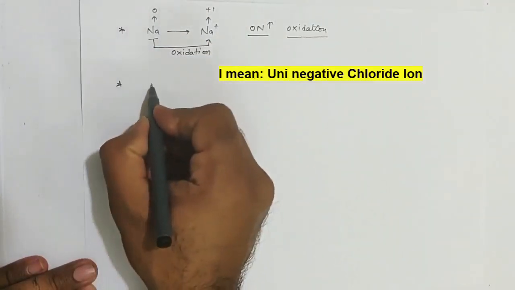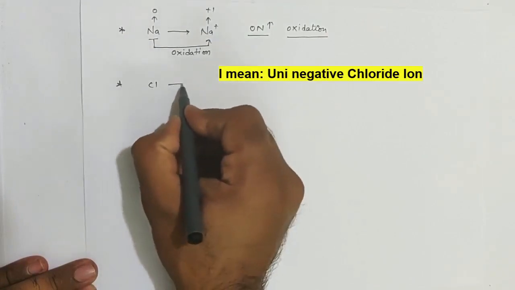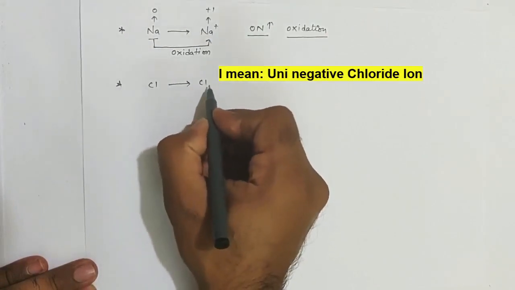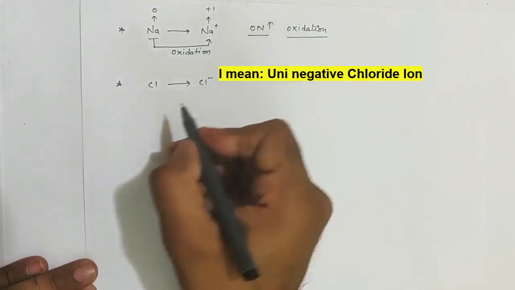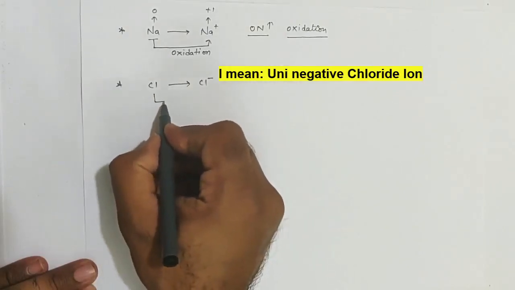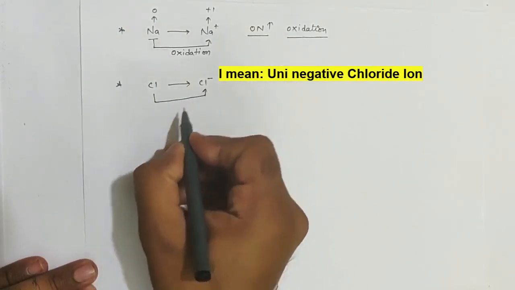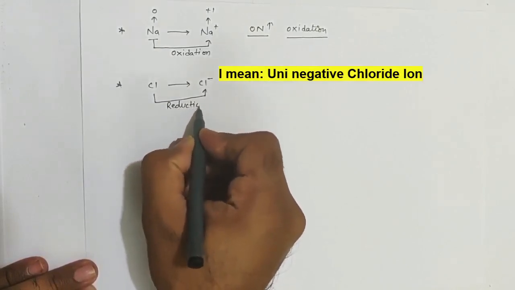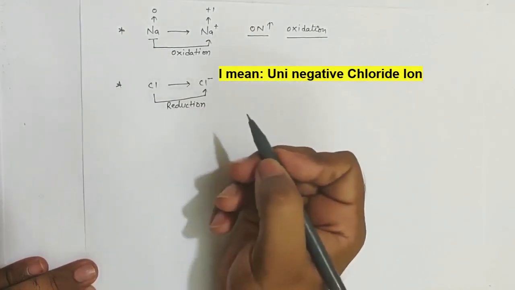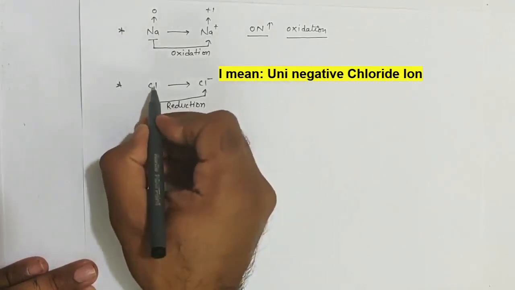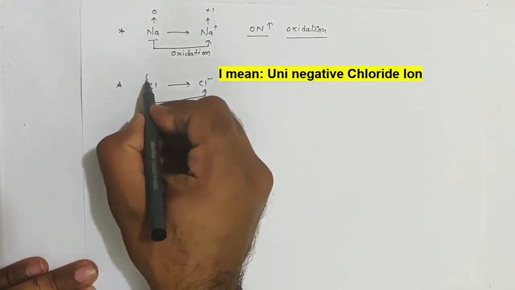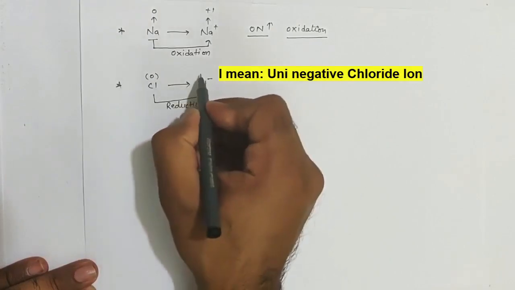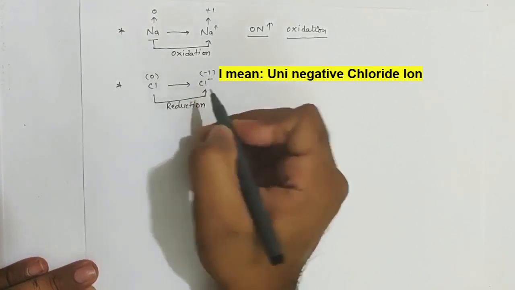For example, when a chlorine atom gains one extra electron to form the unipositive chloride ion, here the gain of electron is known as reduction process, and the oxidation number of chlorine changes from 0 to -1.